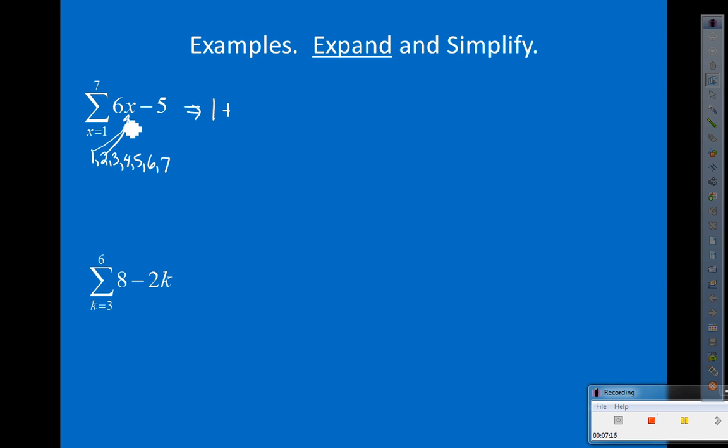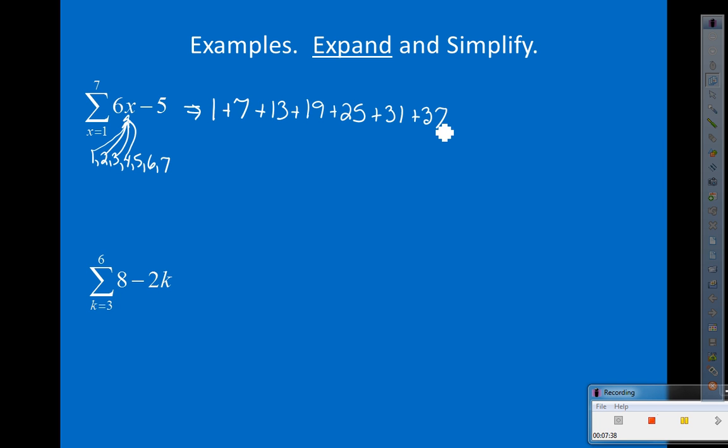Plug in a 2, and then I'm going to get a 7. I'm going to plug in a 3, and I will get 13. When I plug in a 4, I'm going to get 19. When I plug in a 5, I'll get 25. When I plug in a 6, I'll get 31. And when I plug in a 7, I'm going to get 37.